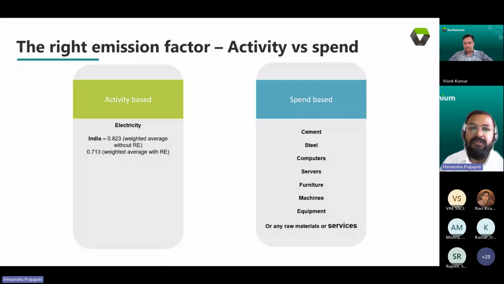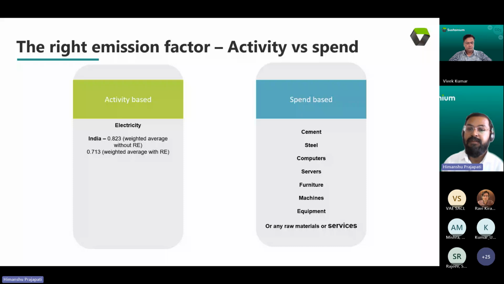So here's a list of some common emission factor databases. In case of US EPA, you have the database existing from 1998. You have UK DEFRA, which is one of the common ones, used in the European region, as well as of course the UK, as well as some parts of Africa. In case of Europe, you also have the European Environmental Agency, EEA.